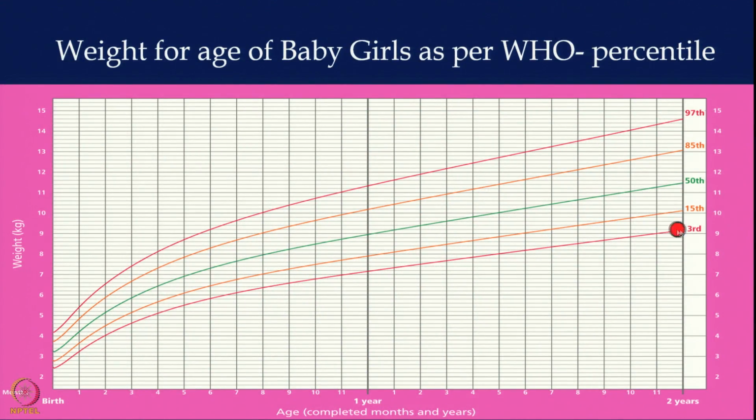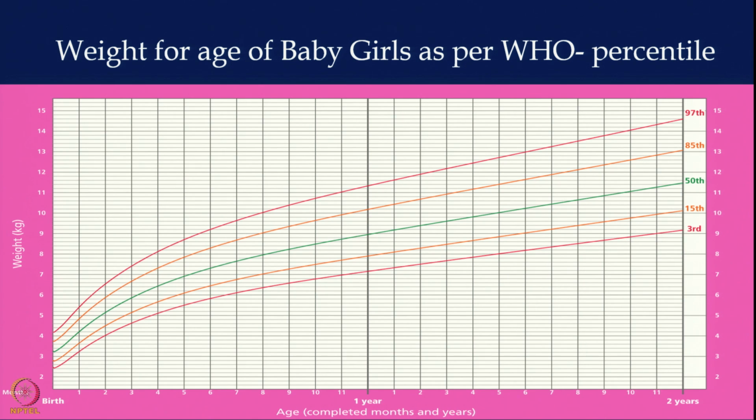Okay. Similarly, if you come down, here is the 15th percentile. So, 15th percentile means 15% of the children will be on this yellow line, and your 3rd percentile means 3% of children are basically on this line or below that line. So, normally what would happen when you go in the community, you should see only 3% of children below this red line, only 3% of children.